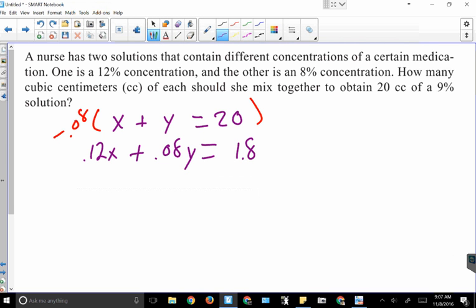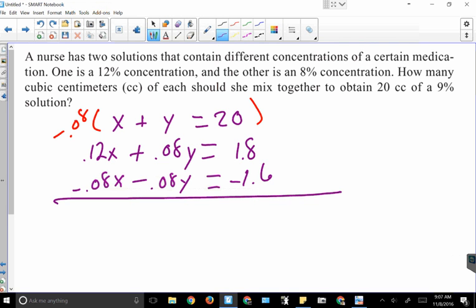Math sense. Okay, so that gives me negative 0.08x minus 0.08y is going to be equal to, this should be negative 1.6, yes? I got my decimal in the right spot now? Good. So now what am I left with? Well, 0.04x is here. That disappears.